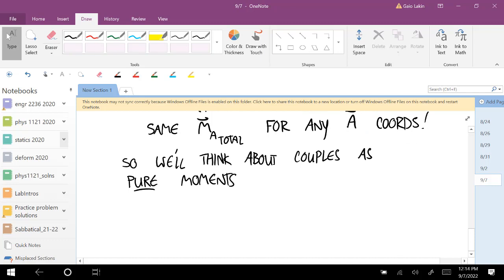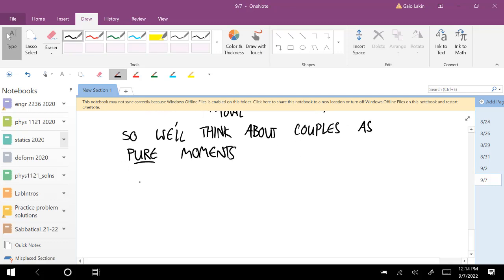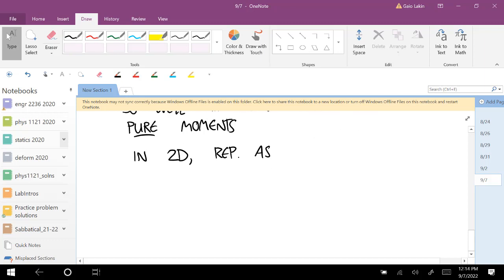When we represent them in 2D, we'll represent them as rotational arrows like that or that.